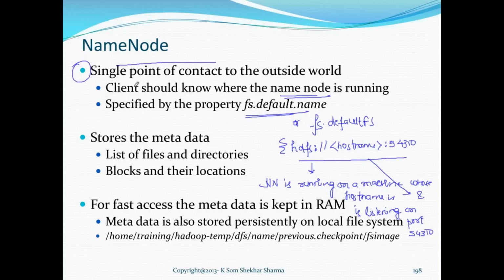When I say client, it could be anyone from outside, any machine. If they would like to do operations on HDFS, they should know the address of the name node. Only then will they be able to communicate and do operations on HDFS. Without knowing this address, they will not be able to do that.